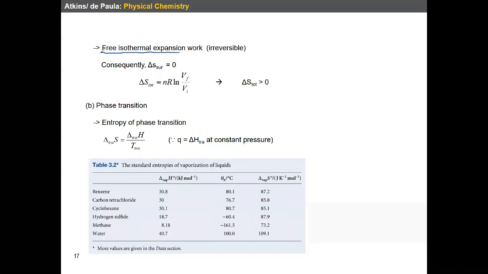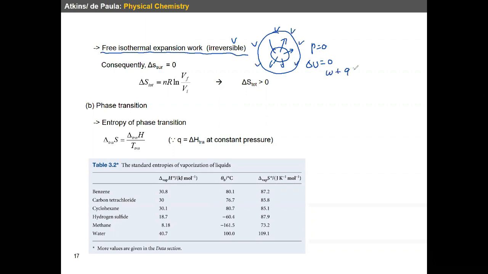프리 아이소서멀 익스펜션 워크라는 거는 결국 비가역적인 팽창인데, 왜 비가역적이냐면 진공 안에서 기체가 이렇게 퍼져나가는 거라고 보면 돼요. 그러면 P 값이 0이 되고, 그럴 경우 델타 U도 0이 돼요. 앞에서 다 했던 내용이니까 기억 안 나시면 앞에 다시 보세요.